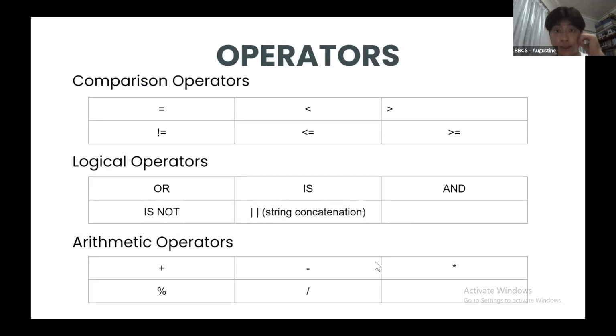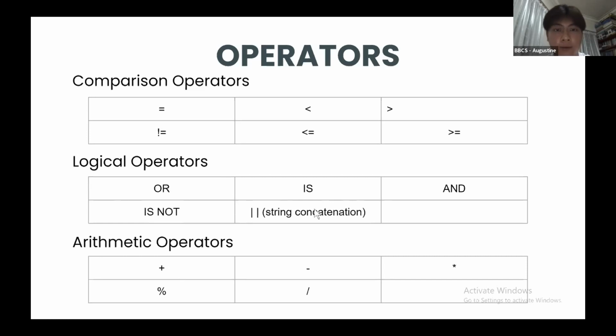So the common operators that we use in SQL are the comparison operators, the logical operators, and the arithmetic operators. Now the comparison operators and the arithmetic operators are very similar to those in Python, with your equal signs, your greater than, not equal, your plus, minus, divide signs, all really the same as Python.